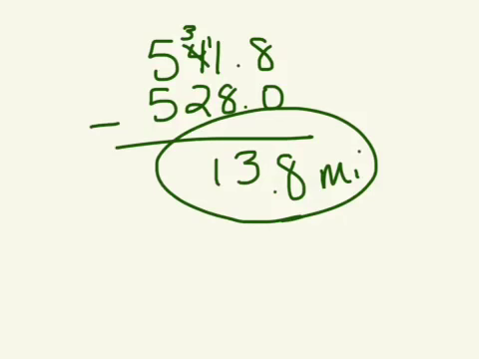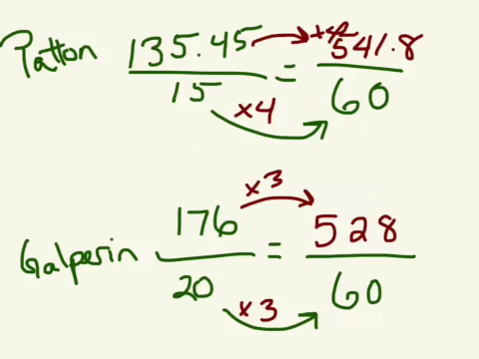So there was a lot of work in this problem. If we go back and go over what we did here, we figured out how far each airplane travels from the rate they gave us to how far it will go in 1 hour's worth of time. We found that Patton will go 541 and 8/10, and Galperin will go 528. That was just our first step, to convert those two rates from 15 minutes or 20 minutes to an hour and solve.